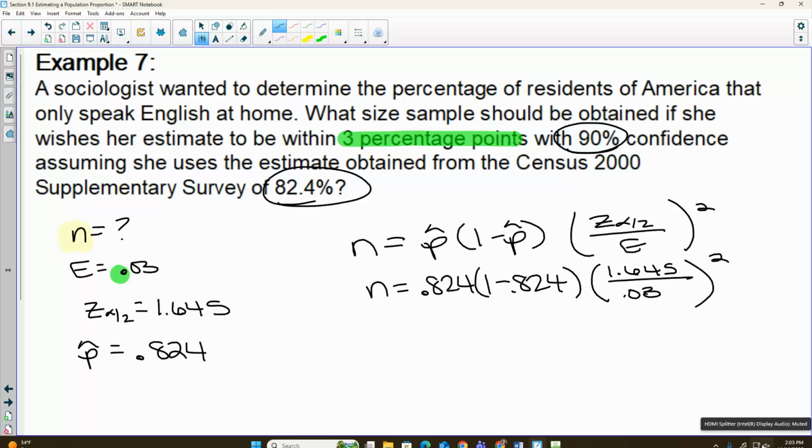All right, so then if I put this in, this is the number of people that we need. So I get 436.04.